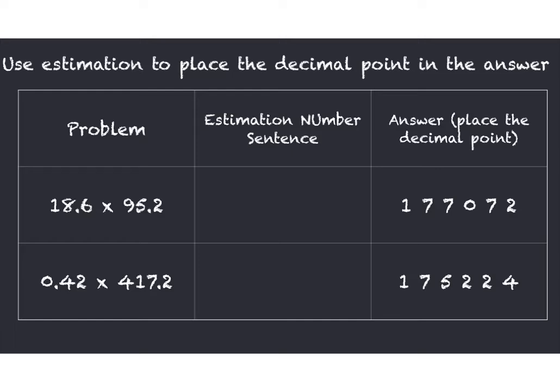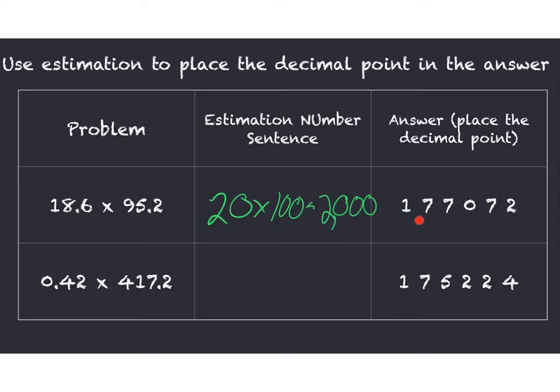So 18 and 6/10 times 95 and 2/10. 18 is pretty close to 20. And 95 is pretty close to 100. So 20 times 100 is 2,000. So I know that my answer is going to be pretty close to 2,000.